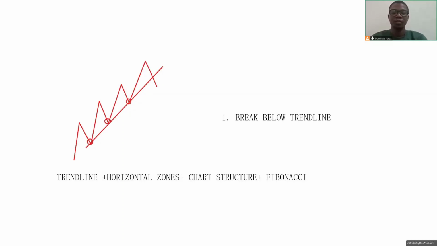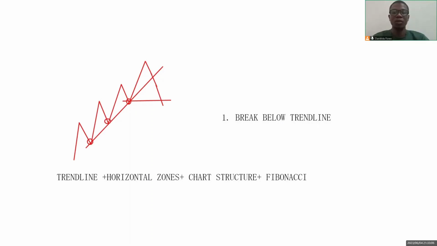The second thing I'm going to look at is price breaking below the horizontal line, that is this line right here. If price comes and breaks below this horizontal line, it means what? This horizontal line is also a structural zone, because a bullish structure is a combination of higher highs and higher lows.